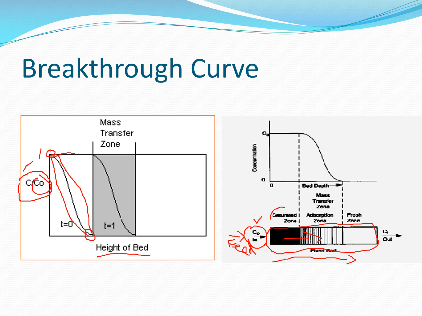Now this is the saturated zone, this is the adsorption zone and this is the fresh zone. So the saturation moved down the bed. Actual adsorption is taking place in this column. Here you can see we have a constant value and this is a decreasing trend here. This is basically adsorption taking place in this column.